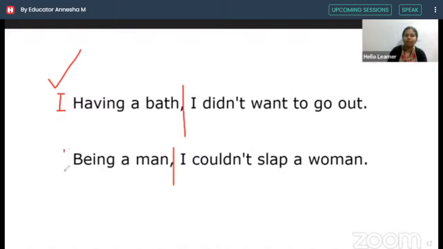Similarly, I being a man, I couldn't slap a woman. So although it might seem like a phrase, it has a hidden I, a hidden subject. So basically having and being are both working as verbs, main verbs of this clause. So they are not gerunds. They are simply the present continuous form of the verb.